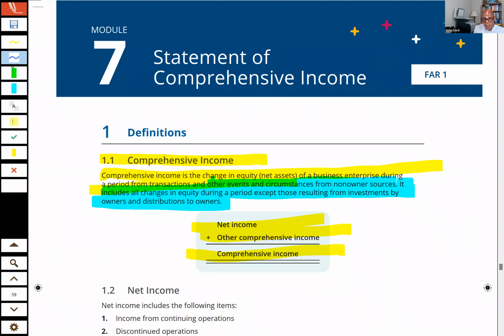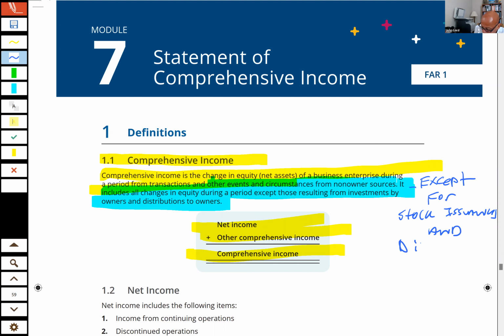Now, when you think about that, investments to owner and distribution to owner, they're talking about what? Purchases of stock, and they're talking about payments of dividend. Okay, so comprehensive income are all changes in my equity except for, and this is the flashcard, it's changes in my equity, okay, except for, well, let's put the exception, stock issuances and what?